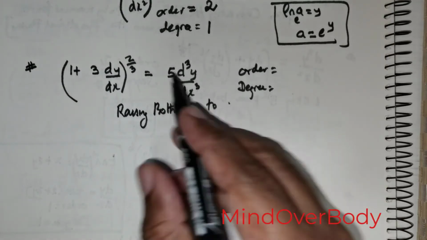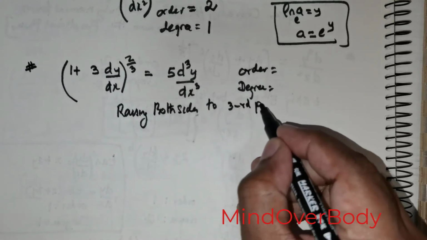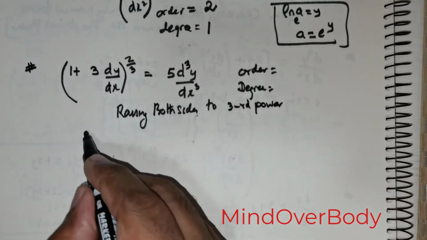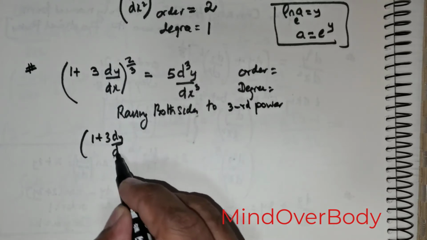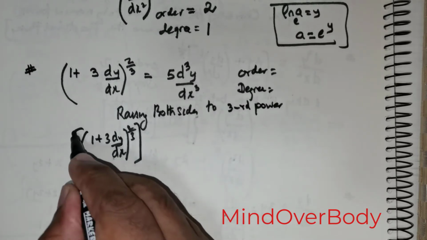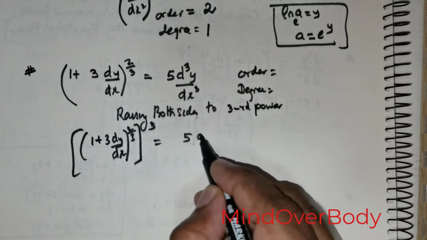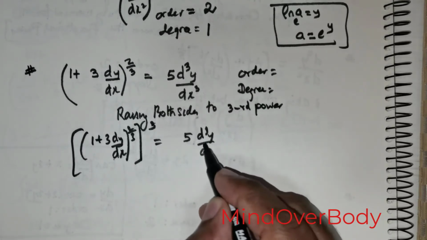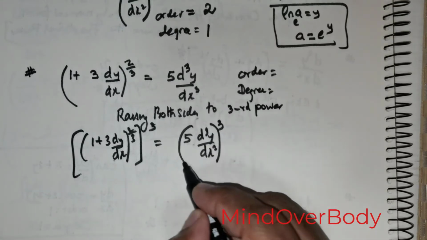So what I'm going to do is raise both sides to the third power. If I were to do that, this is going to be 1 plus 3 times dy over dx raised to the power of 2 over 3, all raised to the power of 3, which is equal to 5 times d cubed y over dx cubed, also raised to the power of 3.